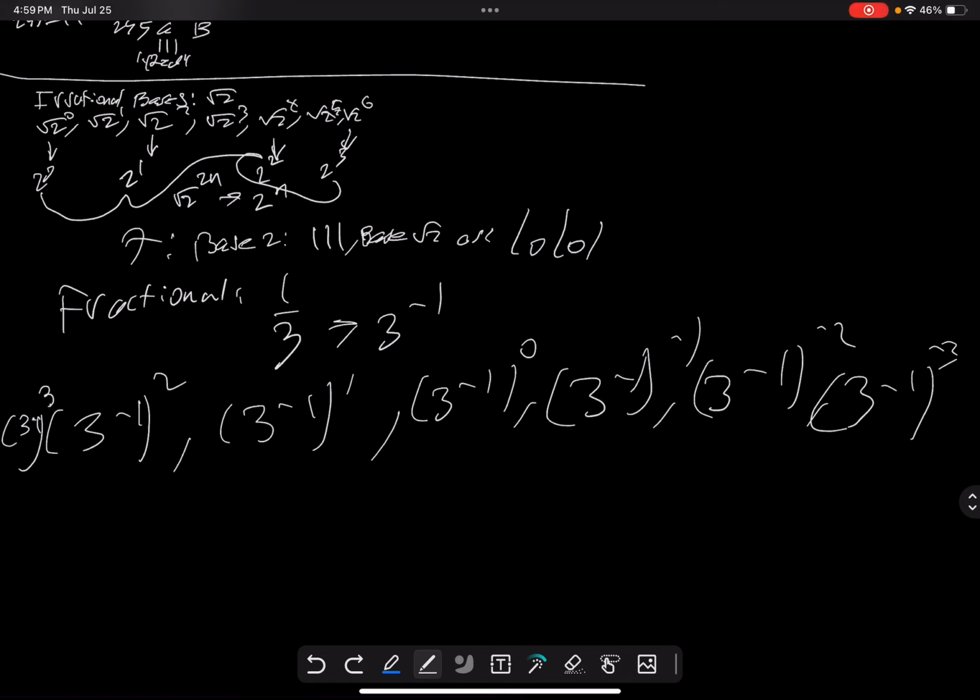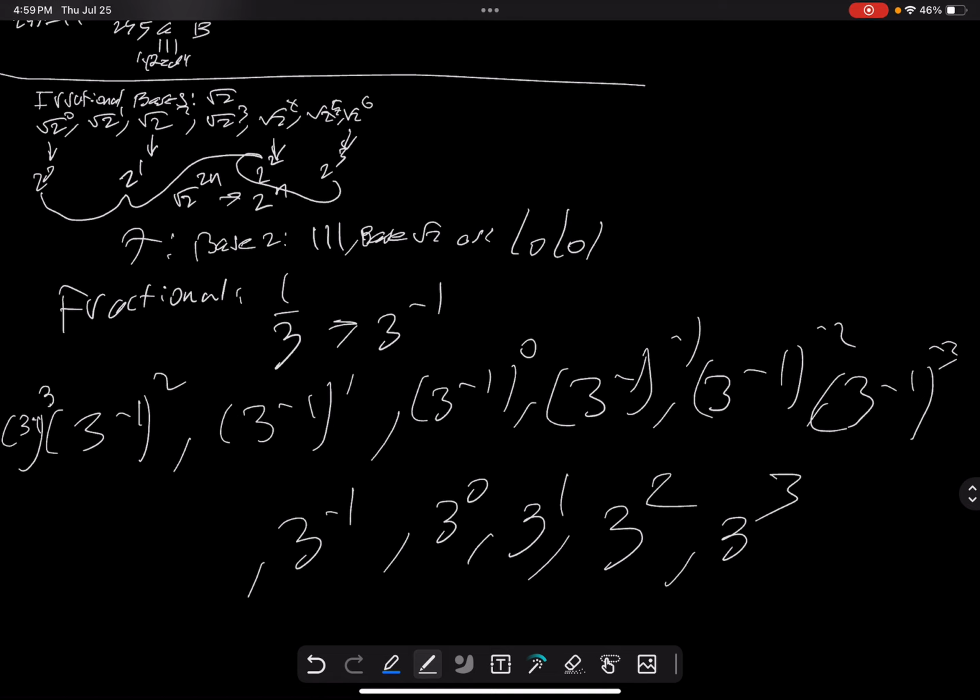And since these are negative times positive, these will make negative. And so you actually get the result of this being 3 to the power of 0, 3 to the power of 1, 3 to the power of 2, 3 to the power of 3, and 3 to the power of negative 1, 3 to the power of negative 2, 3 to the power of negative 3.